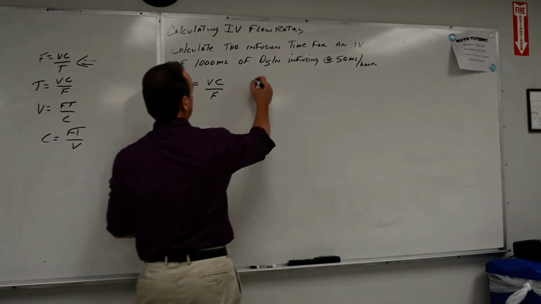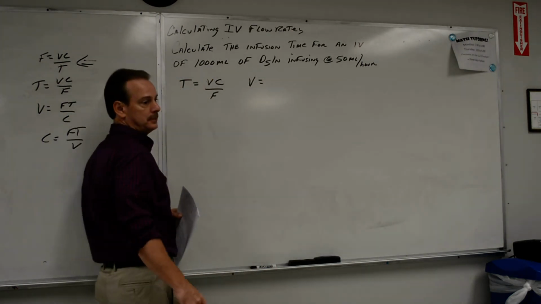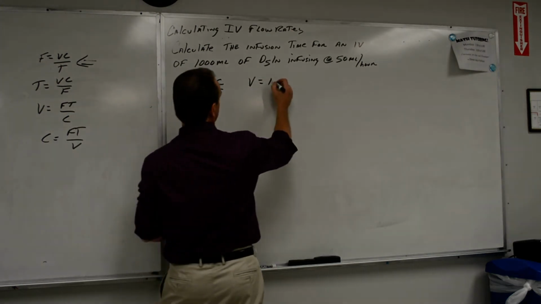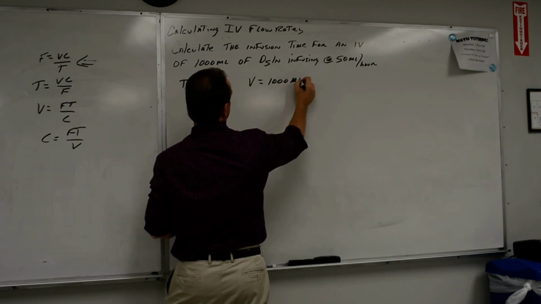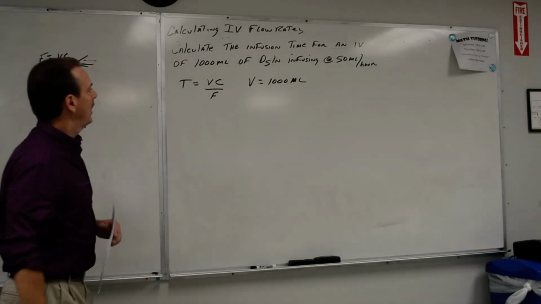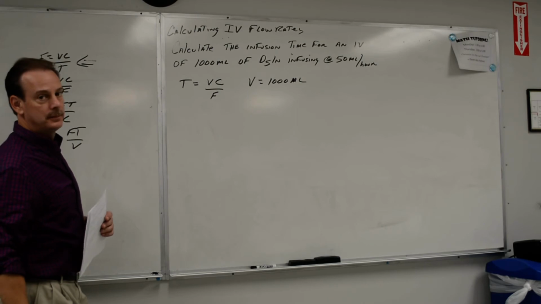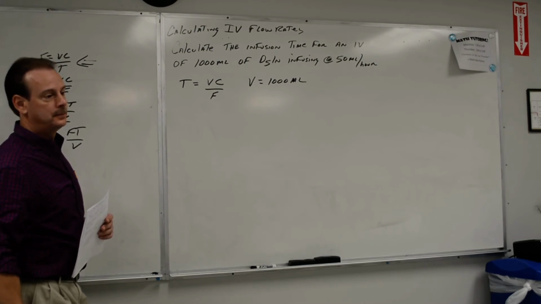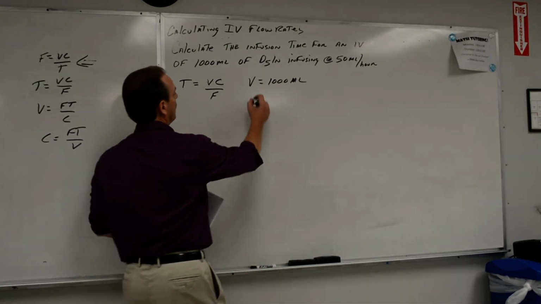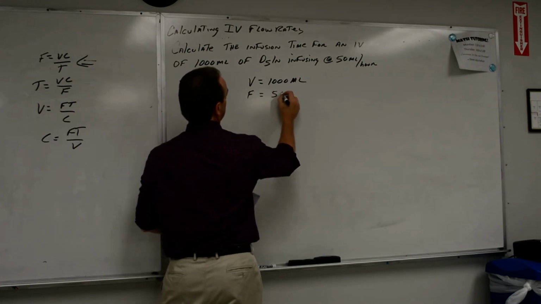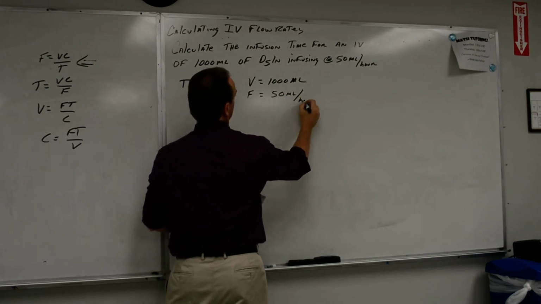The V equals what? 1,000 milliliters, right? And our F, the infusion rate, is going to be what? Yeah, the F is going to equal 50 milliliters per hour.